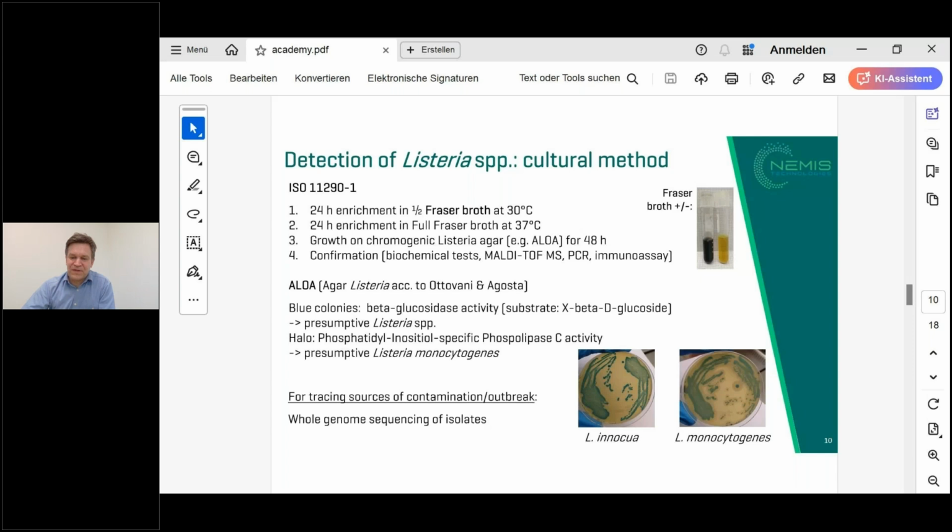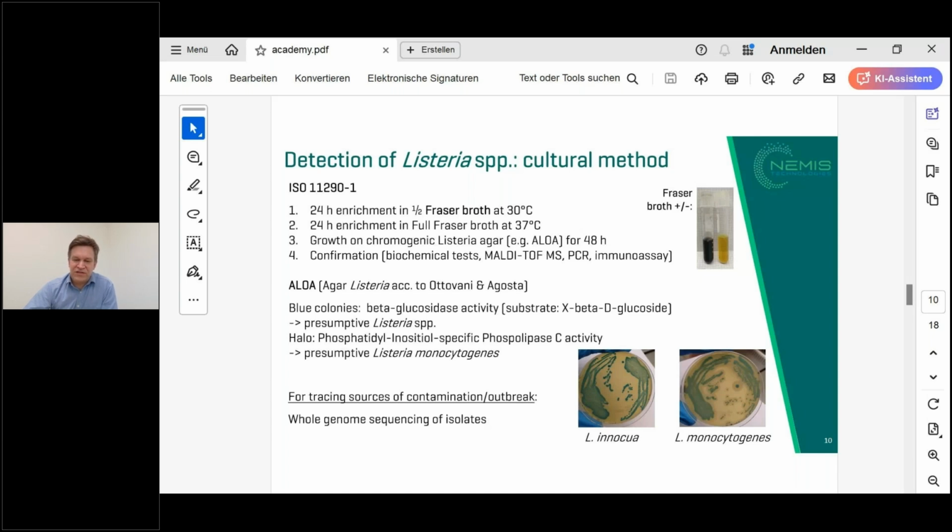So the ALOA agar has a substrate for this beta-glucosidase. It's called X-beta-D-glucoside, a so-called indoxyl substrate, and it will give a blue-green color, typical for Listeria spp.